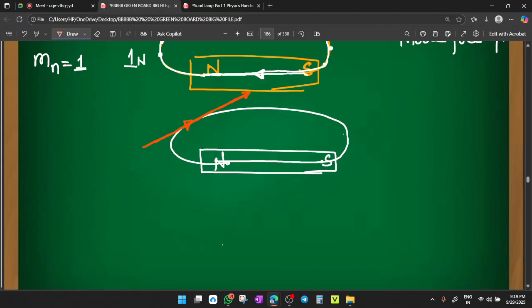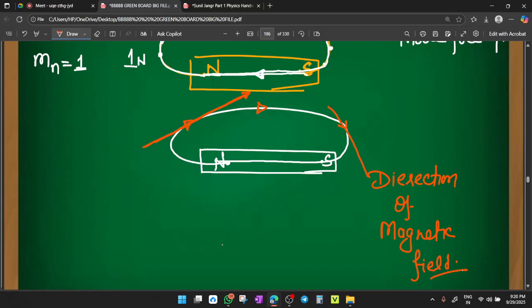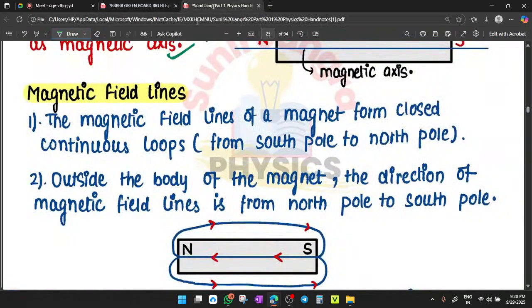Like if you draw a tangent at this point, the tangent will show the direction of magnetic field at that point. Clear? So it will show the direction of magnetic field.